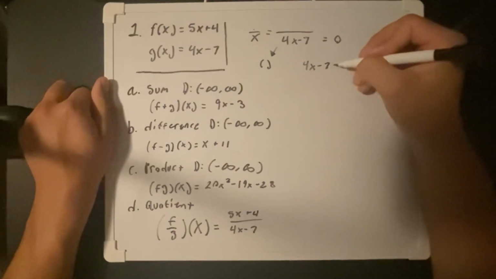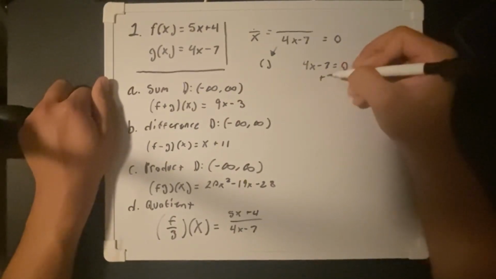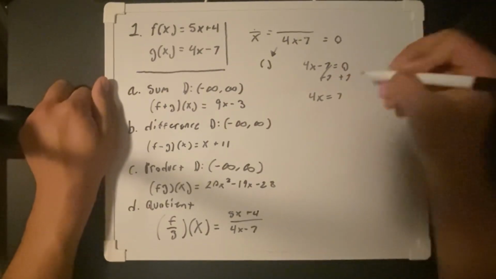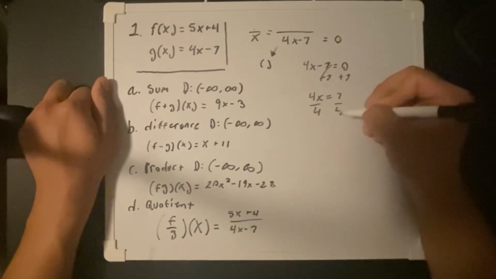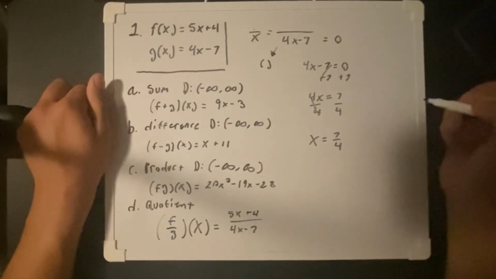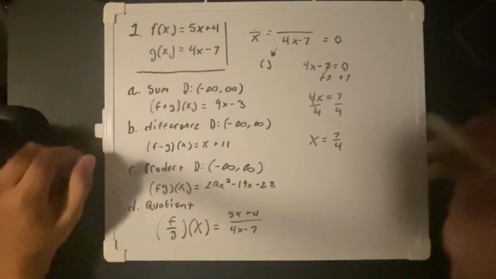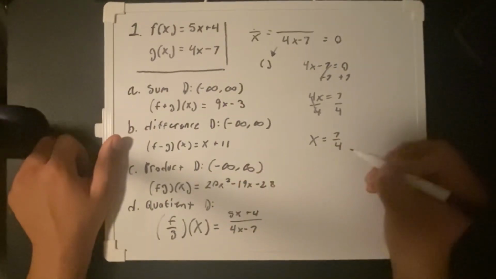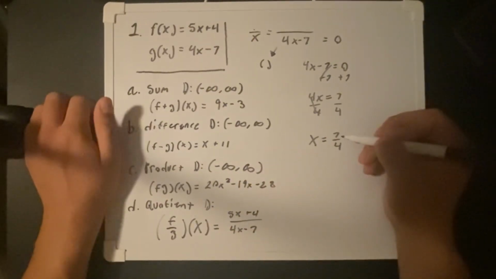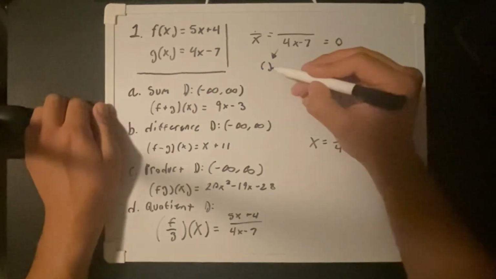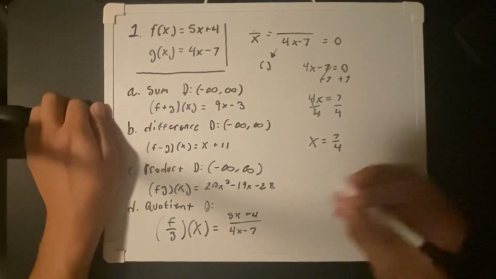4x minus 7 equals 0. Plus 7, 4x equals 7, and divide by 4, and you get x equals 7 over 4. Now, we have to exclude 7 over 4 since it is not inclusive. And how would you do that?